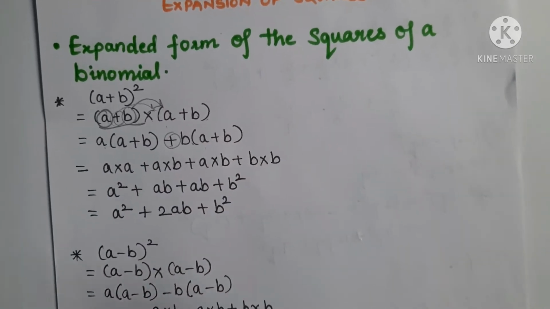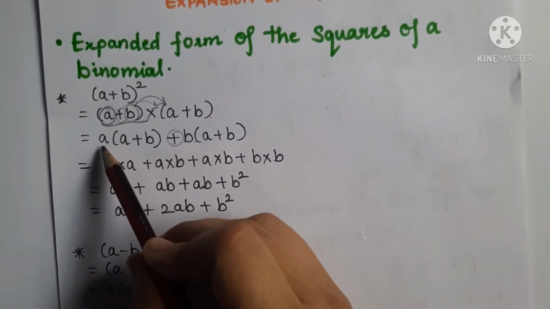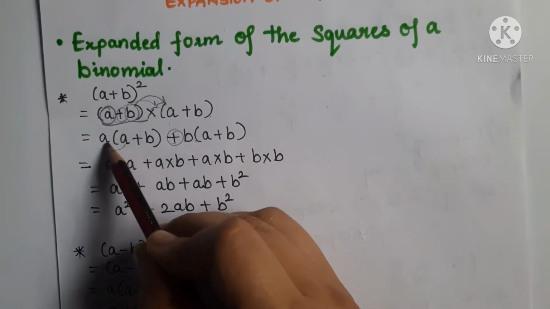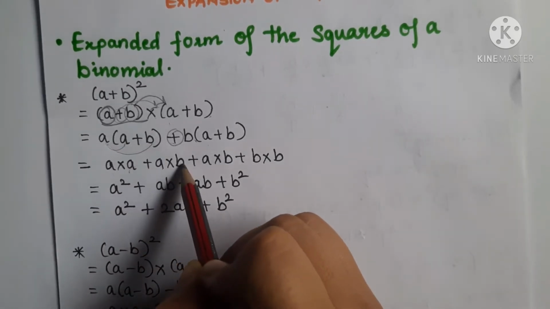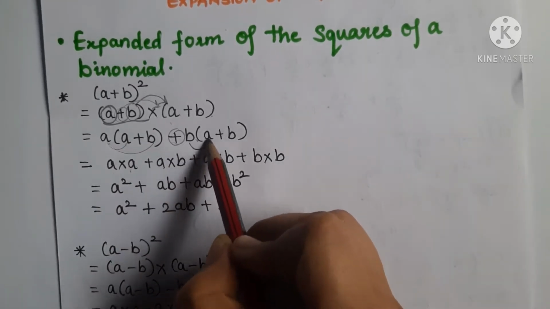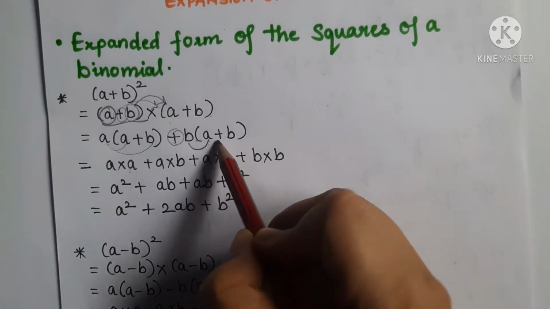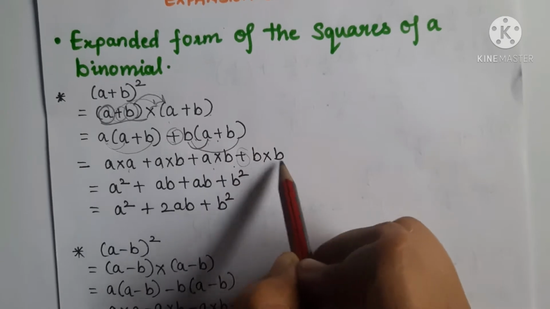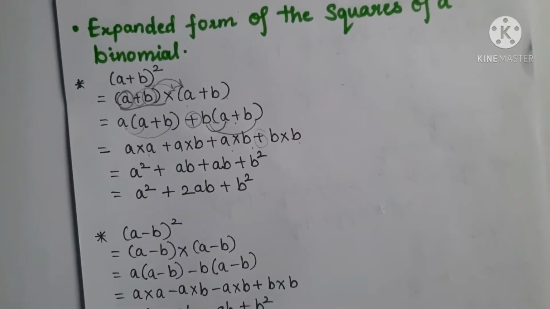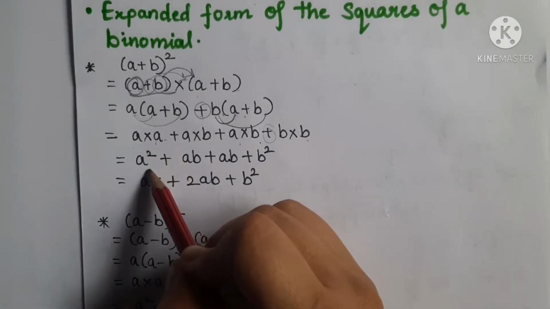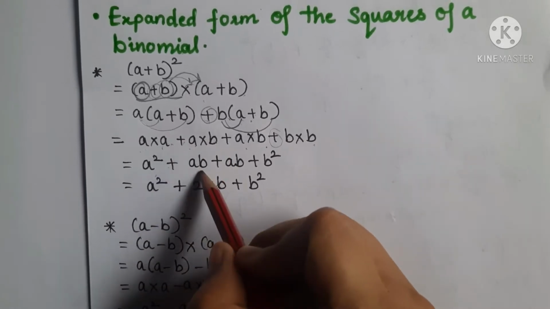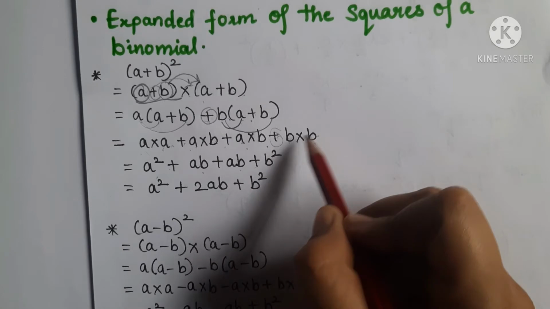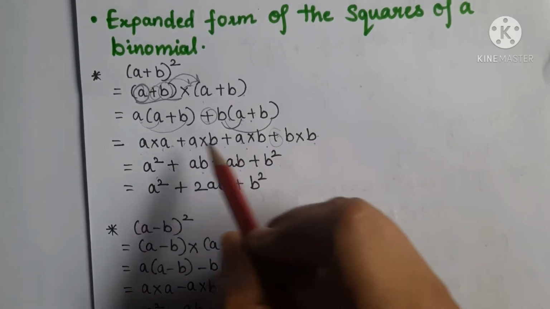Now the next step is open the bracket. So a into a plus a into b plus b into a. Now plus and plus gives you plus, so b into b. Next, a into a is a square, plus a into b is ab, plus a into b is ab, plus b into b is b square.